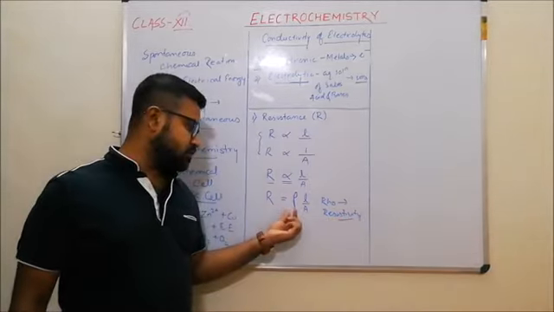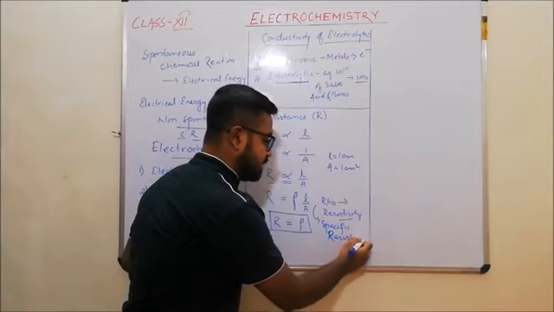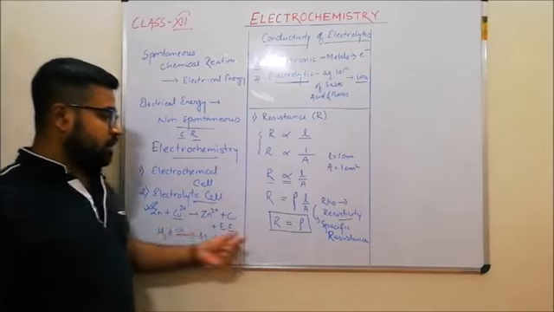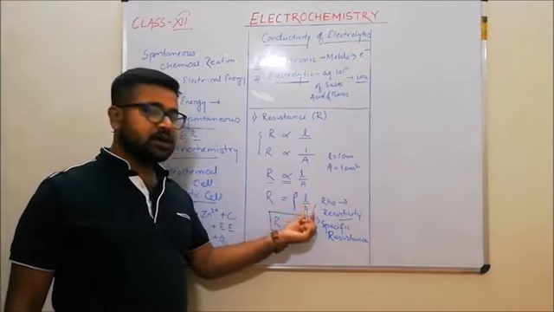That's why this rho is also called specific resistance. Clear? Why is it called specific resistance? Because at unit length and unit area of cross section, the resistivity is equal to resistance. That's why this is called specific resistance.